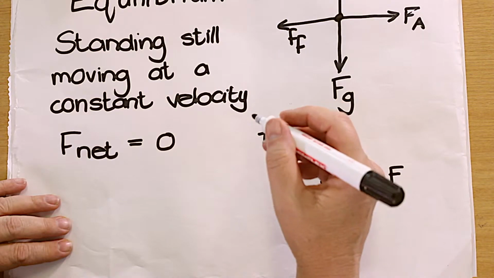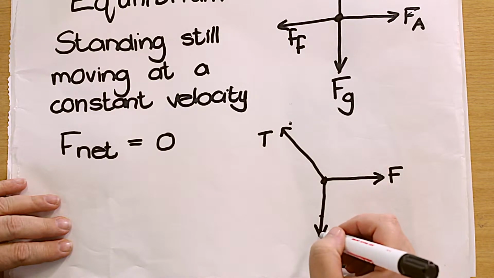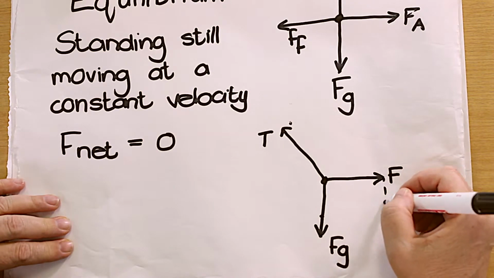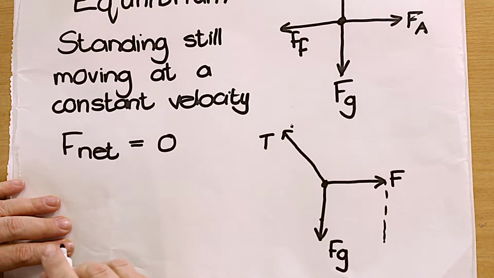What can I do with these three forces? I can take these three forces and move them in such a way that when they follow head to tail, they will form a closed triangle. What am I going to do? I'm going to take FG and I'm going to move it this way. So I'm going to put FG over there.